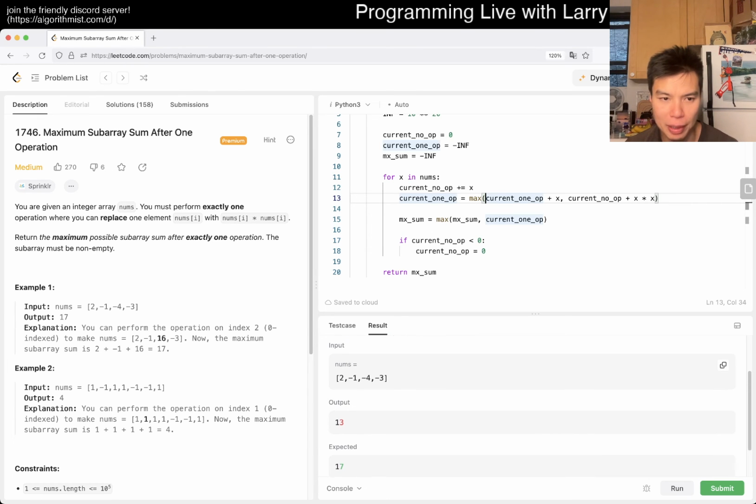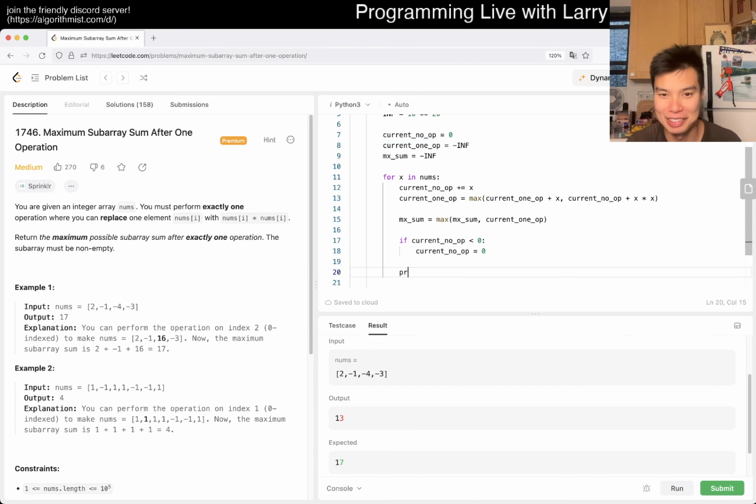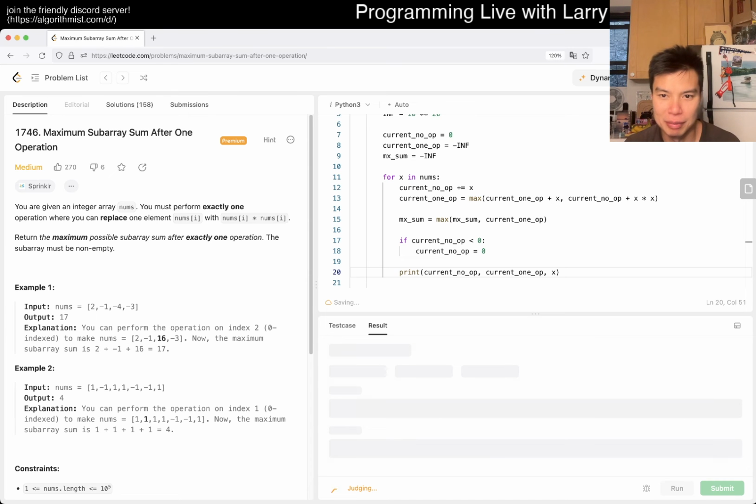So why is this wrong? So 2 and then 1 and then 16, so it's 17, right? Let's print it out to see what is going on, instead of me guessing really.